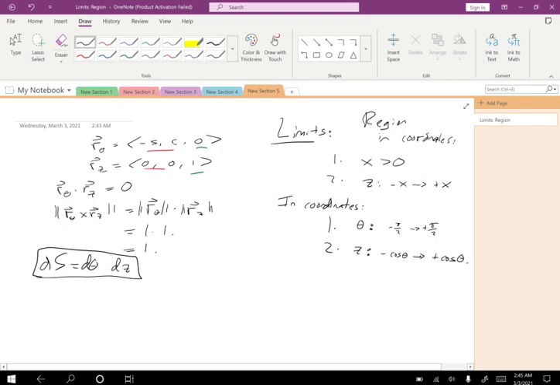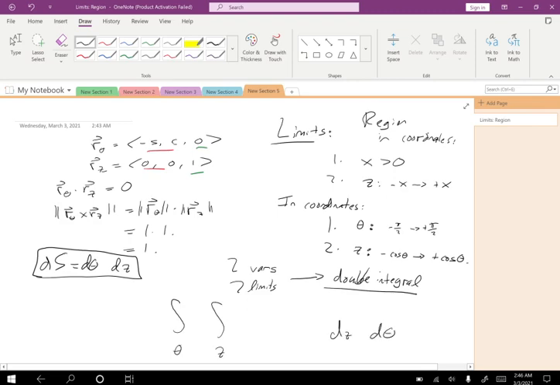Okay, so we have two variables and two limits. So that means we can set up a double integral. We can do a theta, we can do a z, and our integrand will just be 1 because we're getting the surface area, which is just the integral of ds.